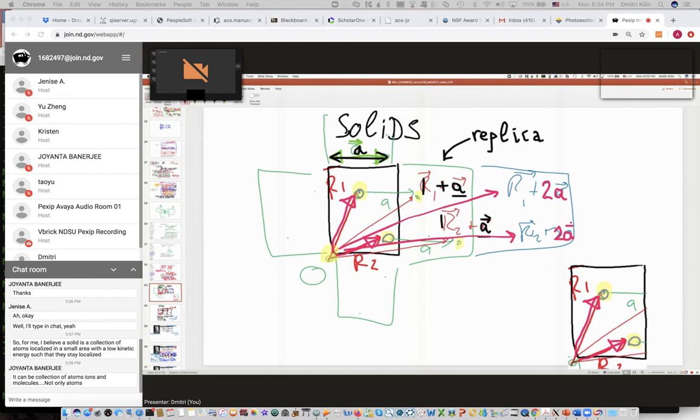And the connection to this concept of solids is very popular in experimental physics and chemistry, and it is typically connected to XRD, X-ray diffraction.